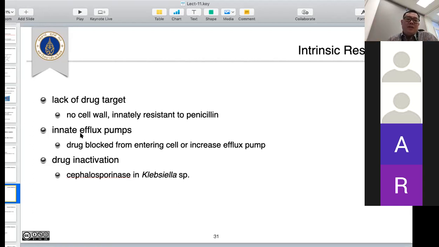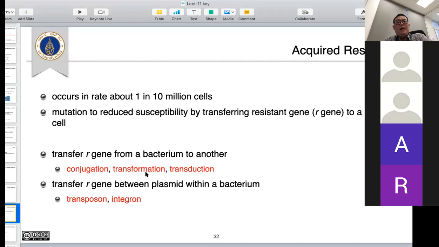That's okay for bacteria. Or sometimes bacteria have some enzyme to inactivate antibiotic. For example, cephalosporinase in Klebsiella makes cephalosporin not work in Klebsiella. That's intrinsic, but acquired resistance is something that happens by genetics.